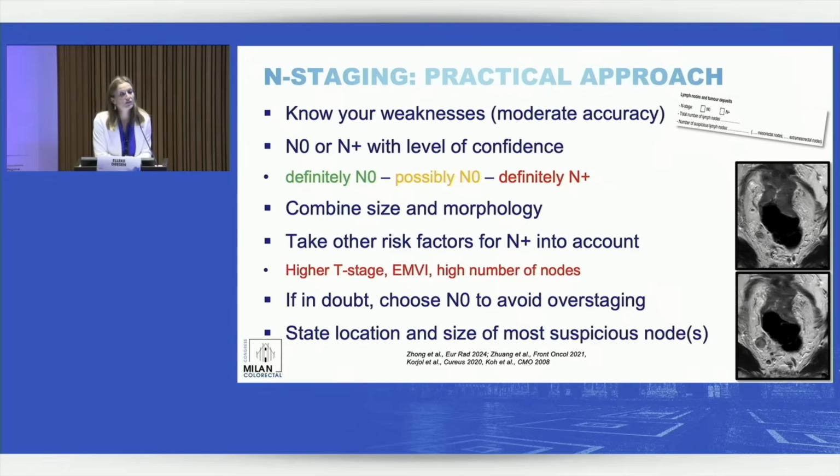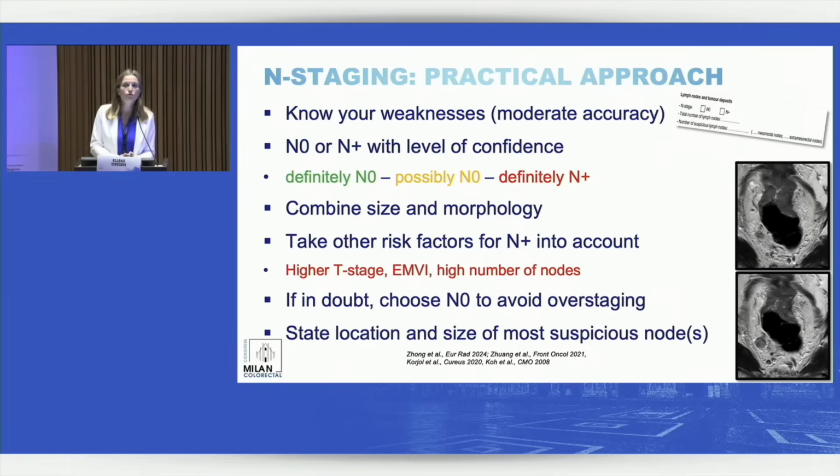But we still know that we are not that accurate. So we need to be aware of that. And we might also give a level of confidence when evaluating these lymph nodes. When we are completely sure that there are no positive lymph nodes, it's still possible to have negative nodal disease or very definite positive disease, with the combination of the size and the morphology.